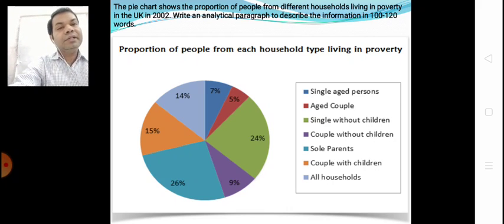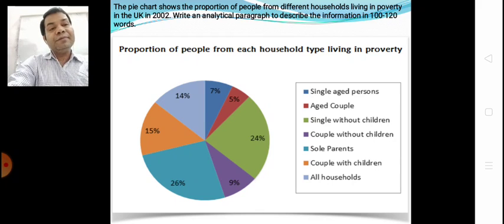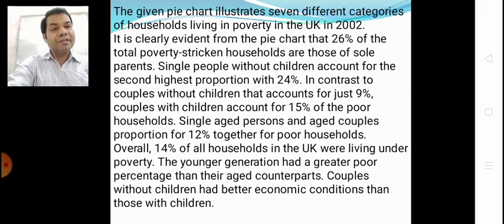So you can see here the information has been indicated about the proportion of people from each household living in poverty. These are the percentages which have been shown in the pie chart. So using this information you have to develop a paragraph.